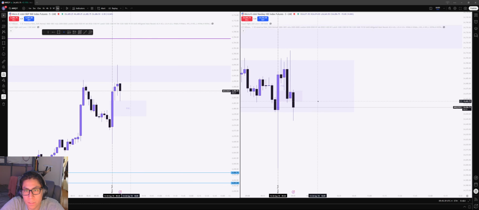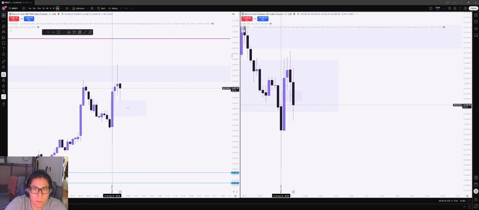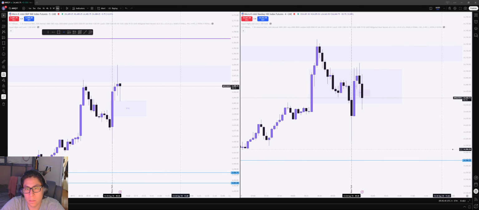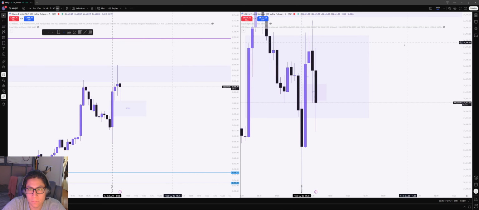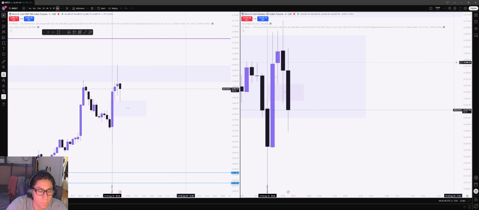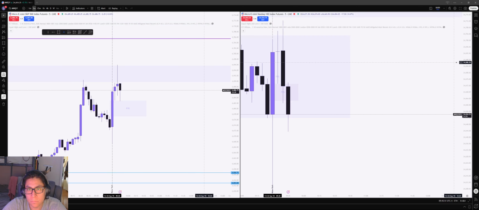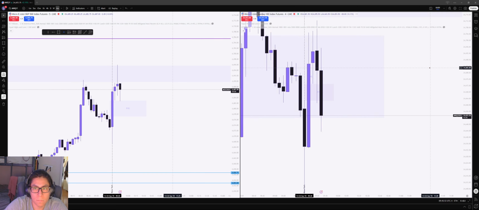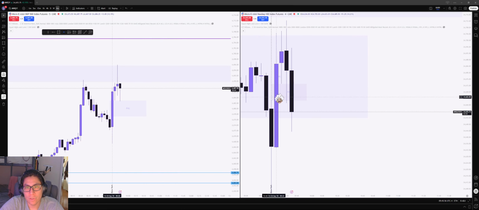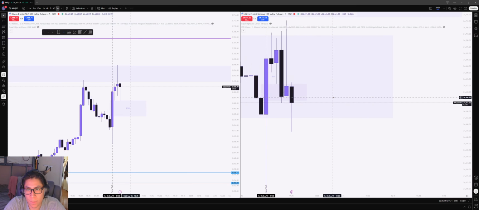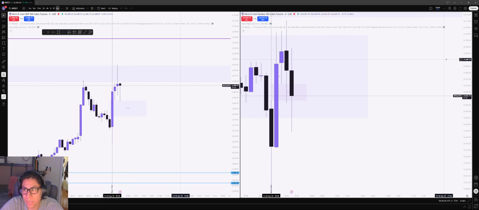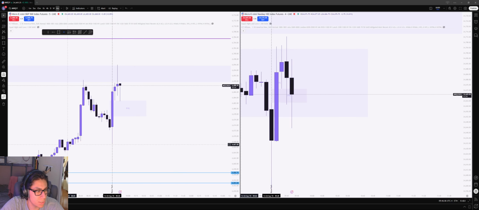Tap into that 3 minutes, and then we seem to be pushing down toward these levels down here. I'd like to see this 4 minute get inversed. We inverse at the 3 minute here in MNQ, but I'd like to see the 4 minute get inversed. That's the highest time frame inversion I want to see.